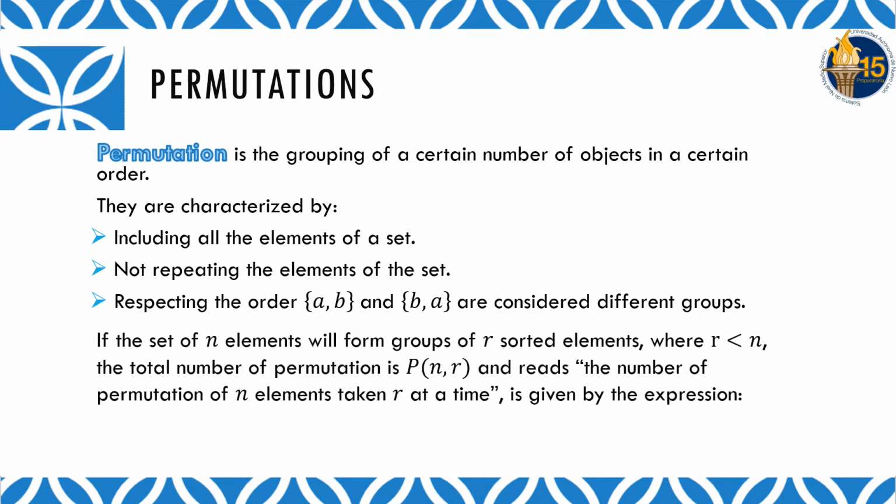If the set of n elements will form groups of r elements, where r is less than n, the total number of permutations is P(n, r), and reads the number of permutations of n elements taken r at a time, given by the expression n factorial over n minus r factorial.